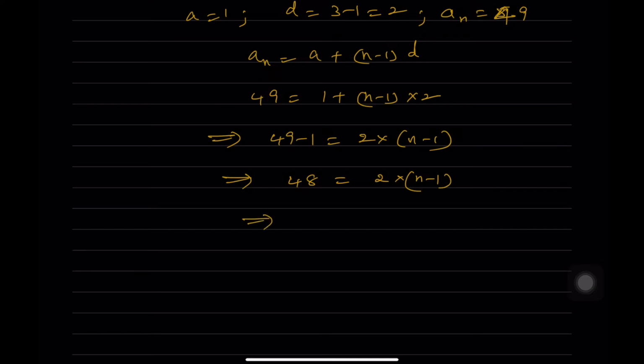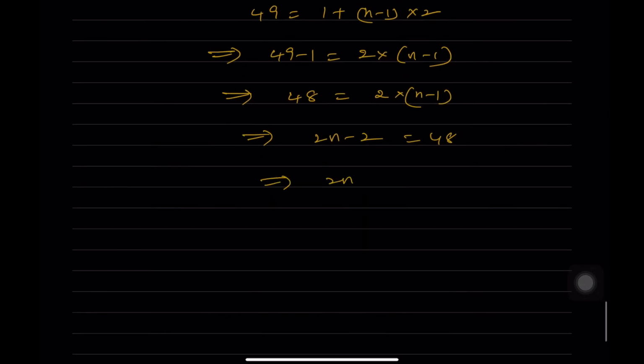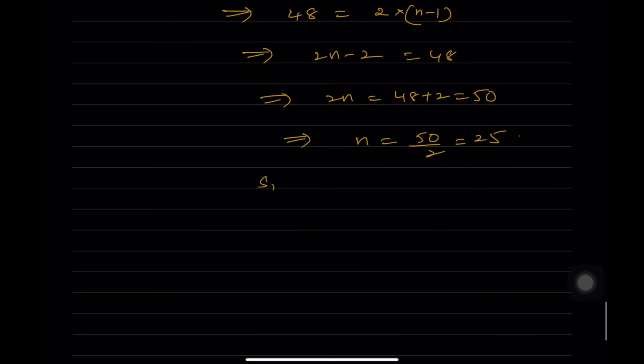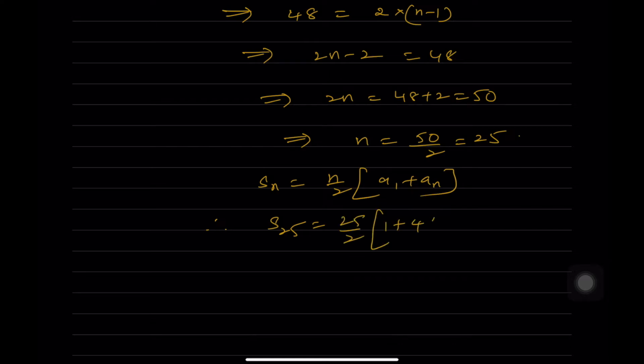So 2n minus 2 is equal to 48, or 2n is equal to 48 plus 2, which is equal to 50, which implies that n is equal to 50 by 2, which is equal to 25. So Sn is equal to n by 2 into A1 plus An, which is S25 is equal to 25 by 2 into 1 plus 49, which is equal to 25 by 2 into 50. So you are getting this as 625.